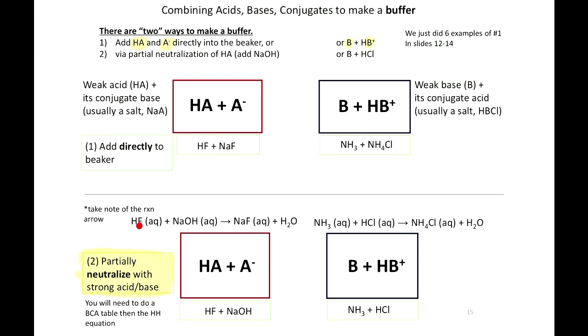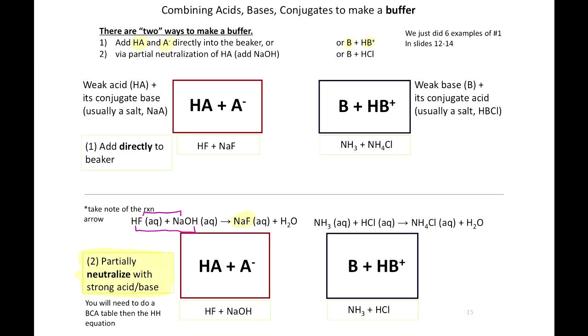Take a weak acid like HF, you add sodium hydroxide, just a little bit of it, so a partial neutralization. When these things become neutralized, if you remember 1210, do that double displacement, look and see what's produced at the end. When you partially neutralize HF, you make NaF in that solution.